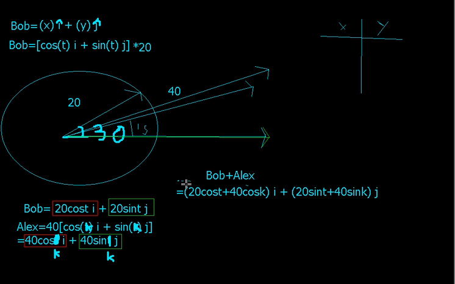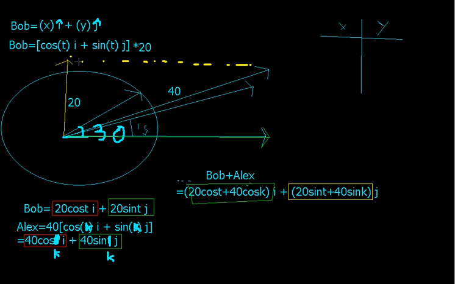The j direction part right here, that's what this is, right? Because that's just what lines up there. That's just the horizontal shadow and the vertical shadow there.